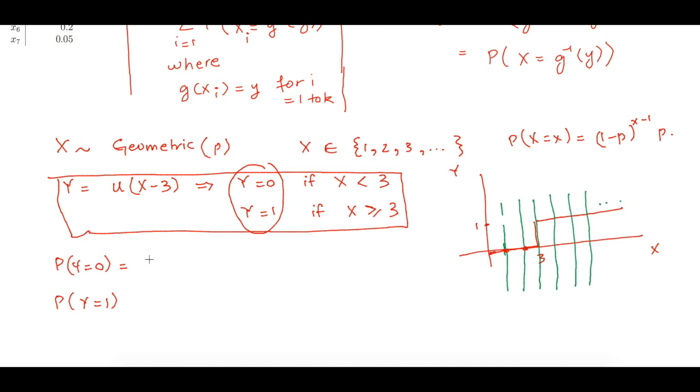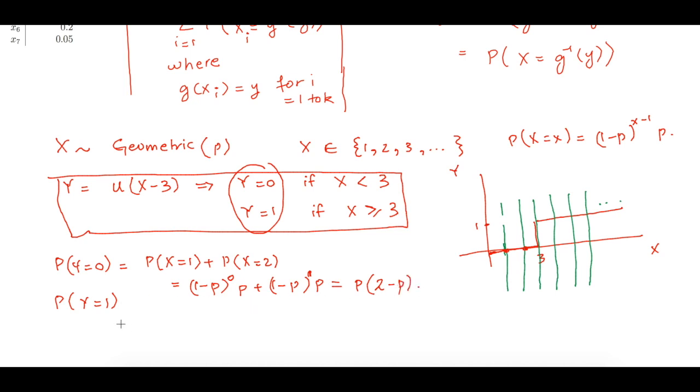Okay, so then this is equal to probability of x is equal to 1 plus probability of x is equal to 2. This is equal to 1 minus p to the 0 times p plus 1 minus p to the 1 times p. Okay, so this is equal to p times 2 minus p.